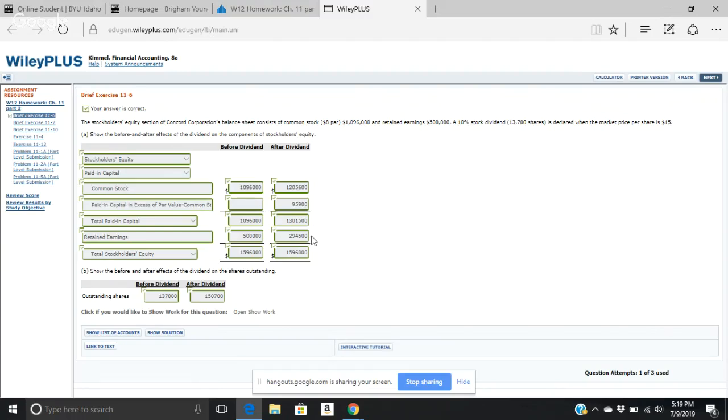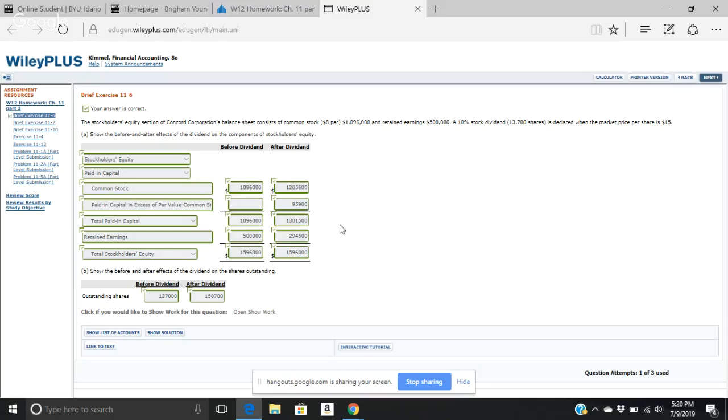And to get the retained earnings, you remember how the difference between the $1,205,600 and the $1,096,000 was the $109,600 we got before. We are going to take that $109,600 and add that to the $95,900 here.